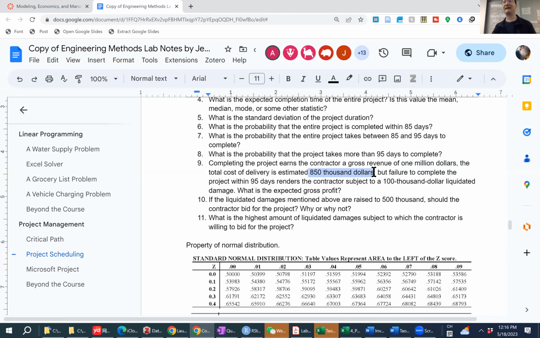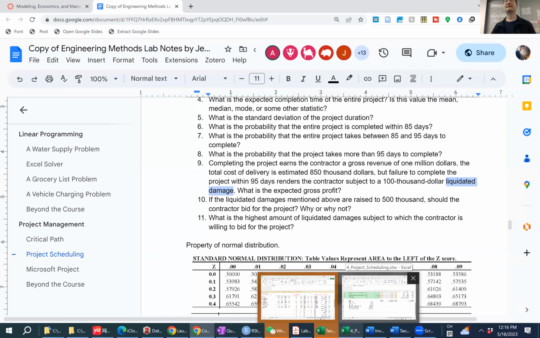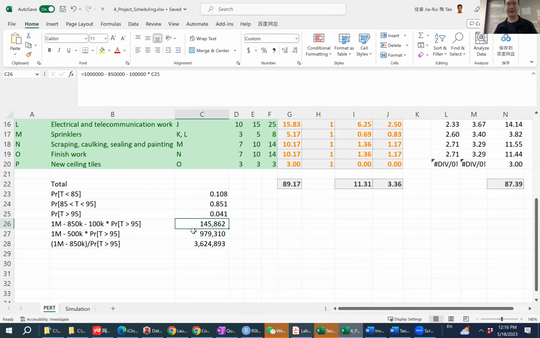These do not have any uncertainty. They are given. We don't have probabilities associated with that. However, we do have some probability associated with this liquidated damage. So we only need to account for the uncertainty that comes from the liquidated damage. That's like a fine, that's a loss that we are subject to if we need more than 95 days to complete, which has some probability associated with it.